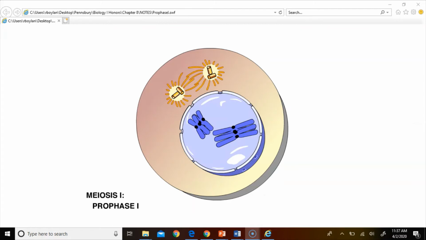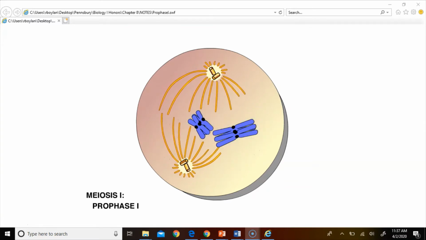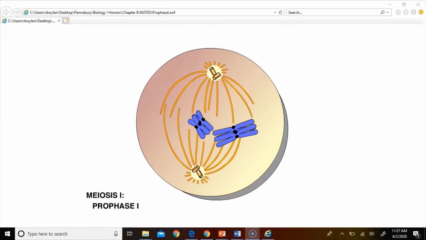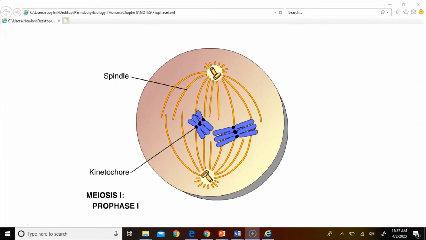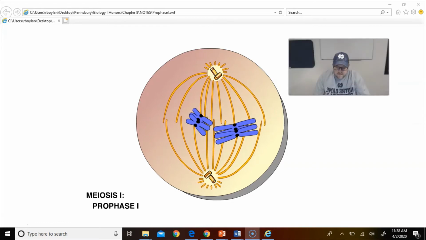Meanwhile, other cellular components prepare for the division of the nucleus. The centrosomes move away from each other and spindle microtubules form between them. The nuclear envelope and nucleoli disperse. Finally, spindle microtubules capture the kinetochores that form on the chromosomes, and the chromosomes begin moving to the metaphase plate.